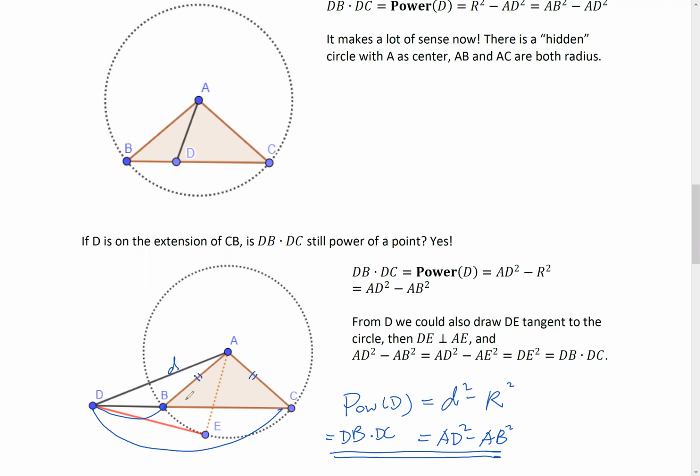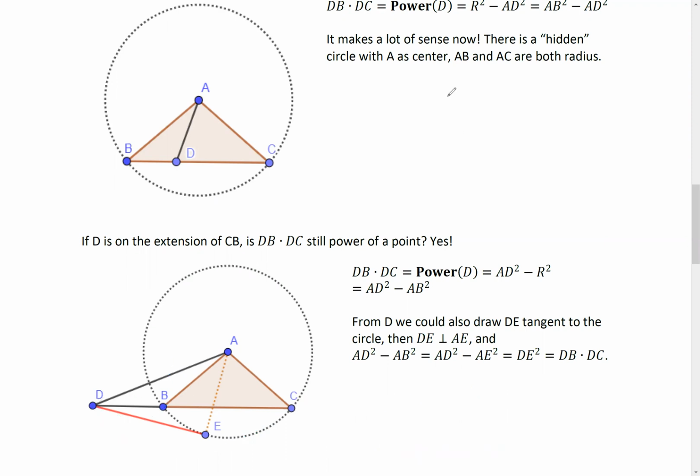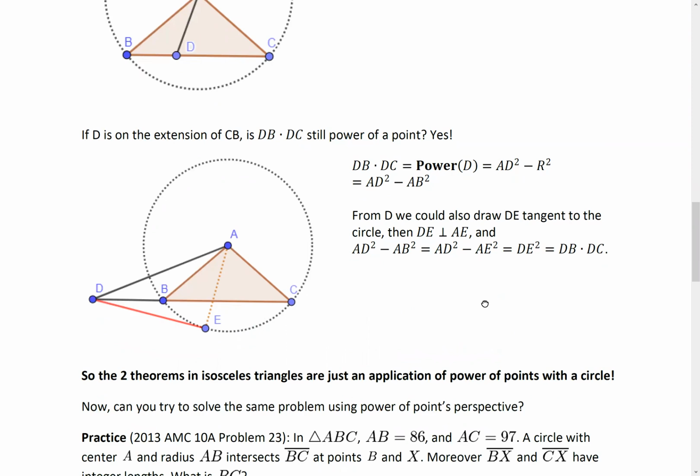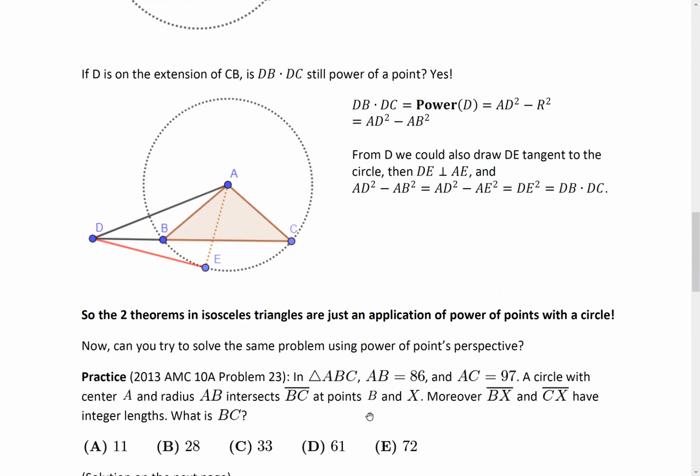All right, now, what about the example from last time? Last time we talked about this problem. There's a triangle ABC where AB equals 86, AC is 97. This time, let's think about the circle.